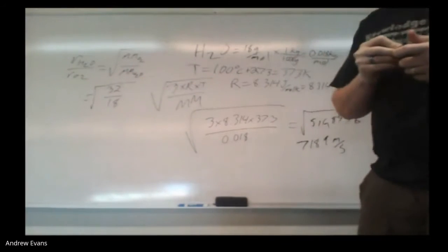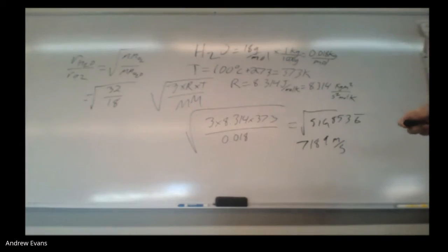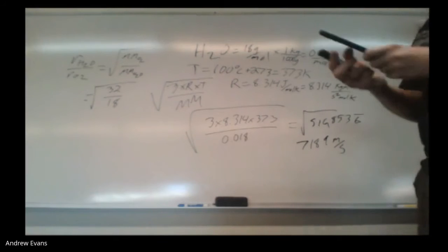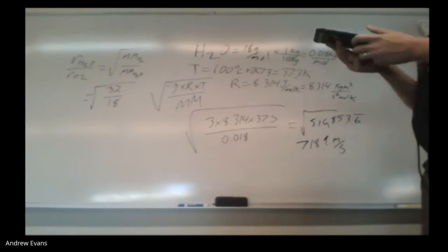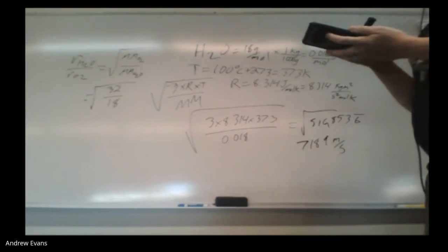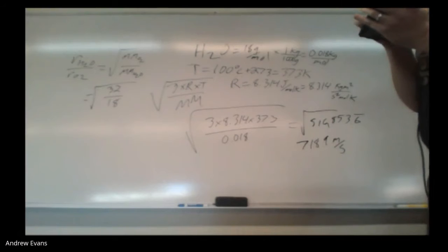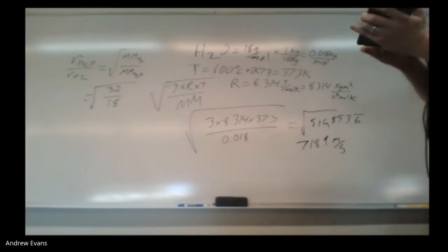We don't need the temperature. We don't need the velocity. We could calculate the velocity of oxygen and then divide the two, but we'll make it easier. We'll just say, what is the square root of 32 over 18?